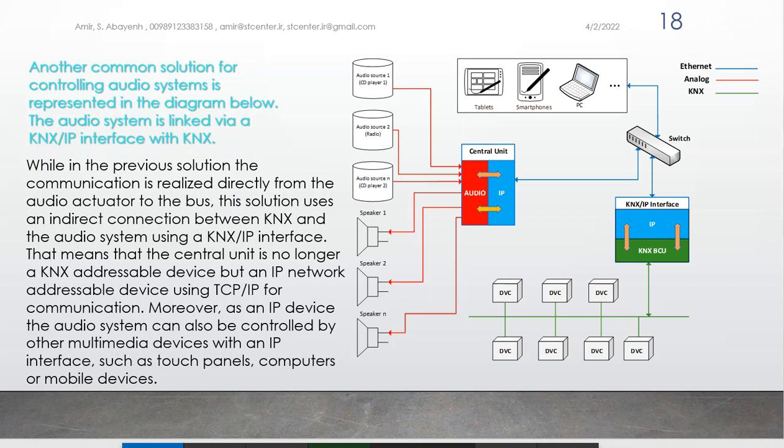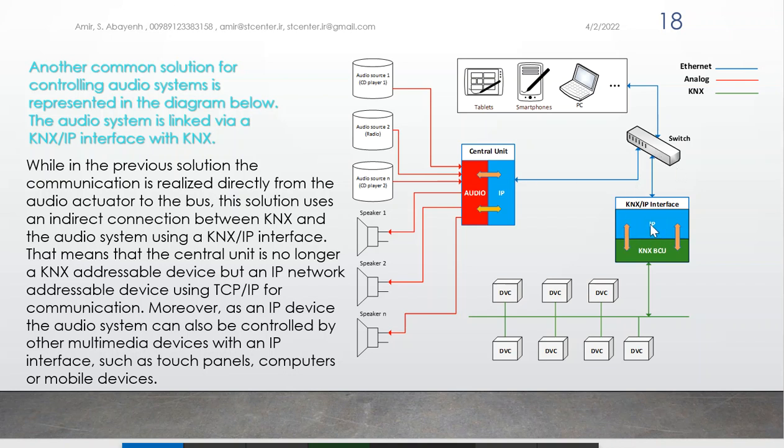What we have here, you can see we have the central unit, okay? This central unit accepts some sources and also provides some output to the speaker. Most of the time we have the amplifier embedded in the system. Also it has the IP interface. You connect the central unit, or sound server, for the KNX devices to the switch, okay?